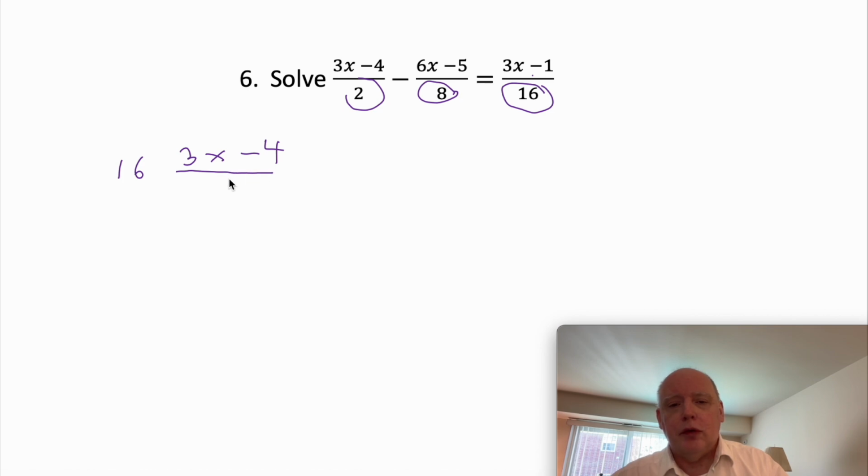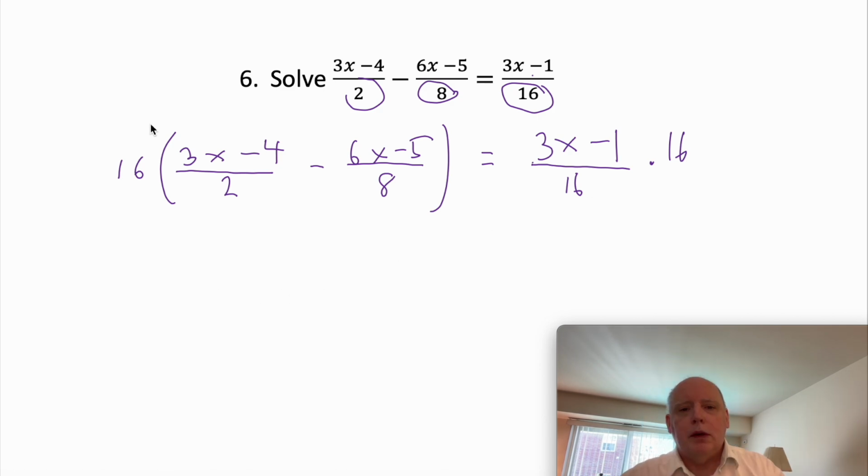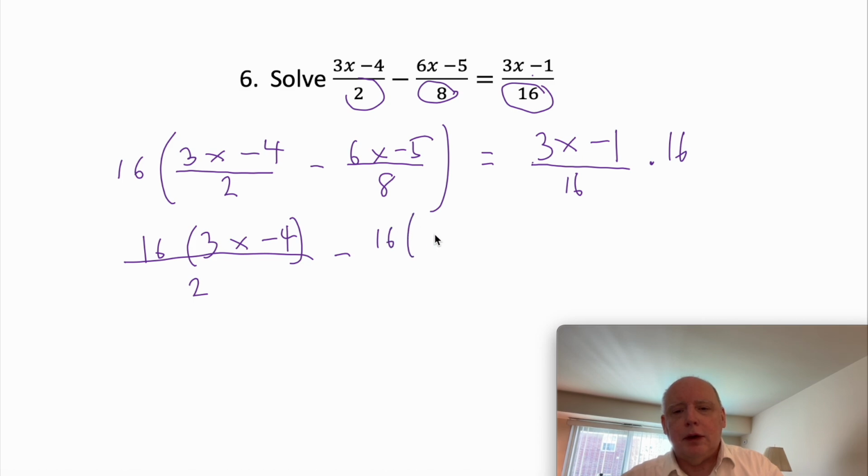3x minus 4 over 2 minus 6x minus 5 over 8. And we multiply the right by 16. So we distribute the 16, and we get 16 times 3x minus 4 over 2 minus 16 times 6x minus 5 over 8.